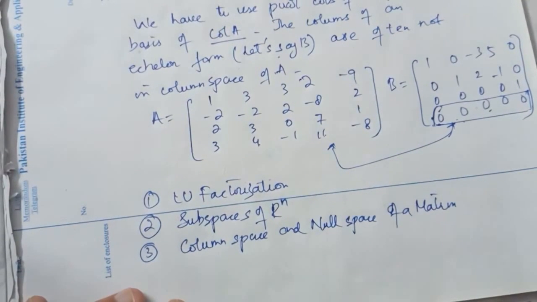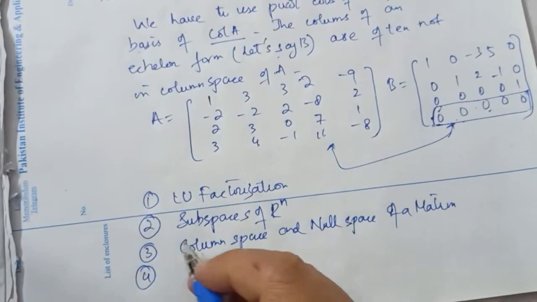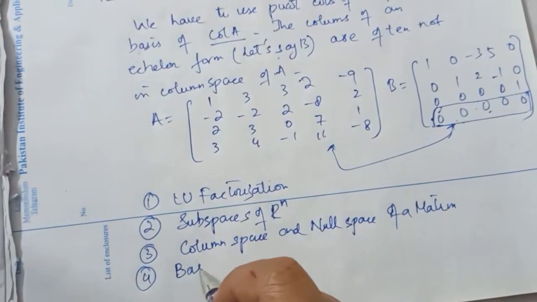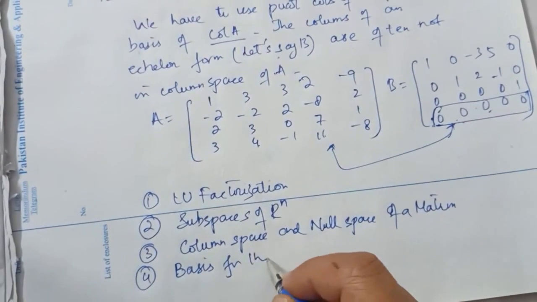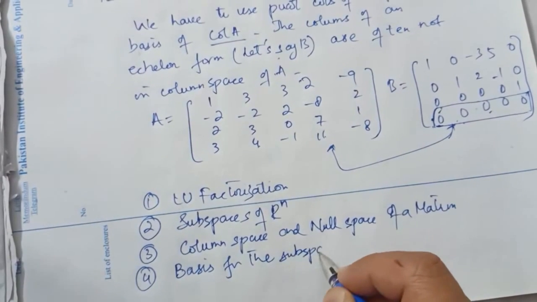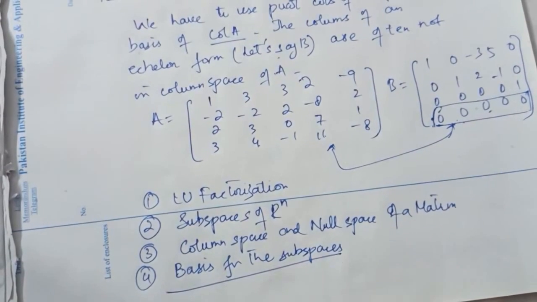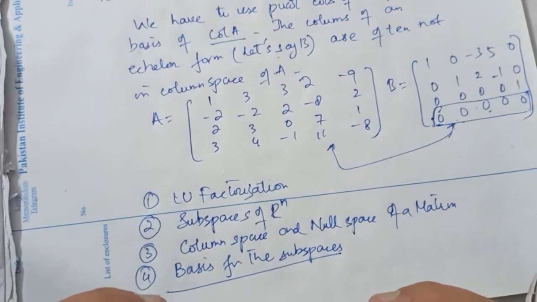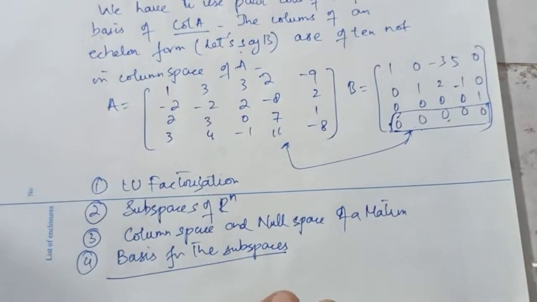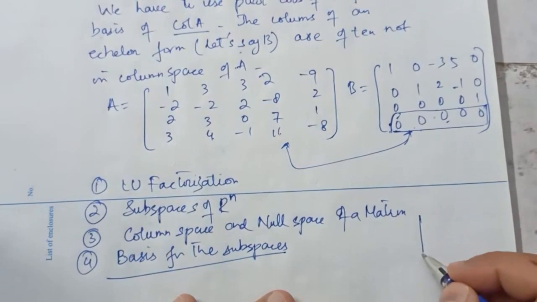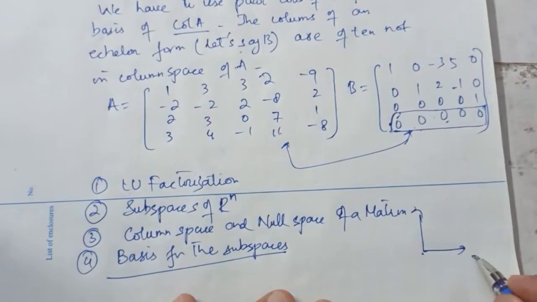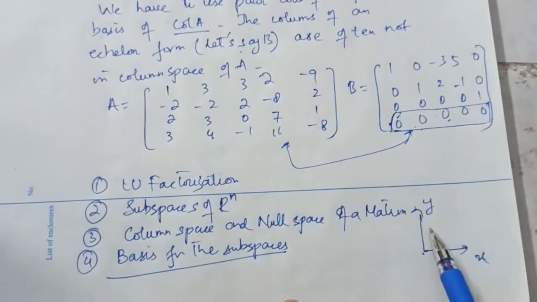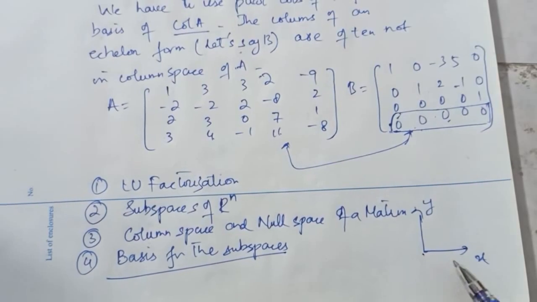And then we have discussed how to find the basis for the subspaces, right? And this is a very important topic, because we want to represent the subspace using the minimum number of vectors. For example, in the case of 2 dimensions, x and y are the basis for the 2-dimensional space.